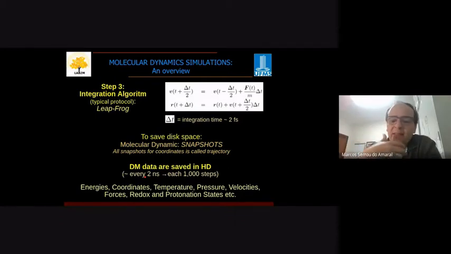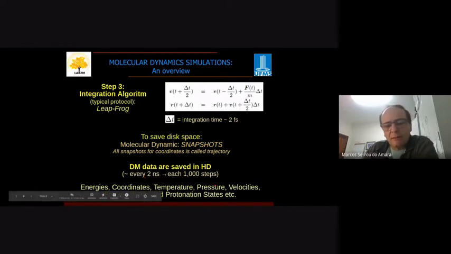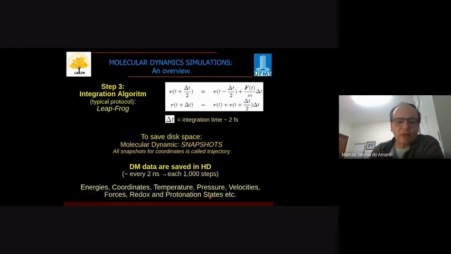This is enough because I will have the trajectory and I will analyze it statistically later. And as I said in the previous slides, I save this kind of information, including protonation states and redox states, right?